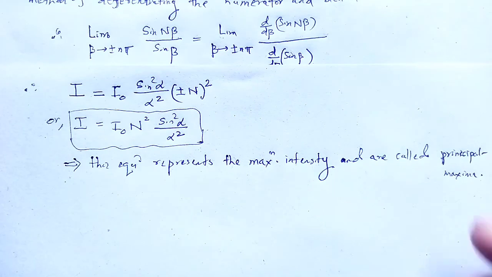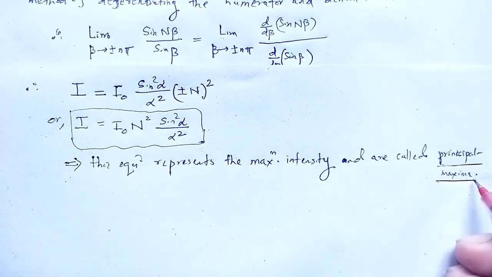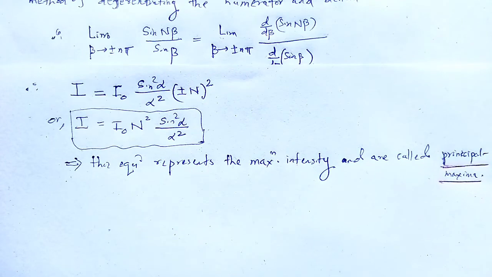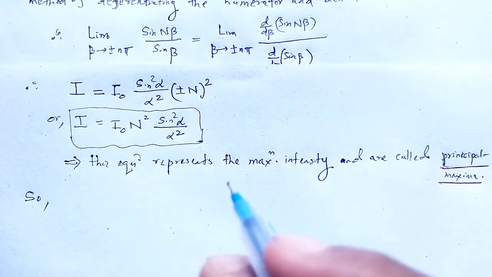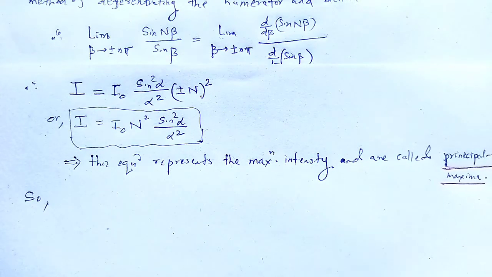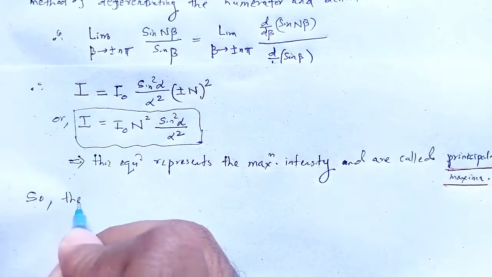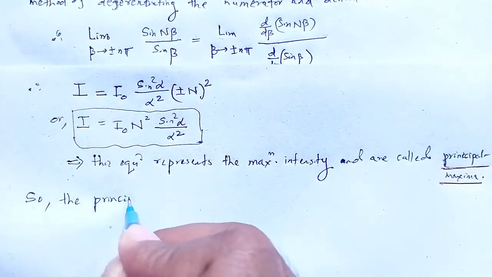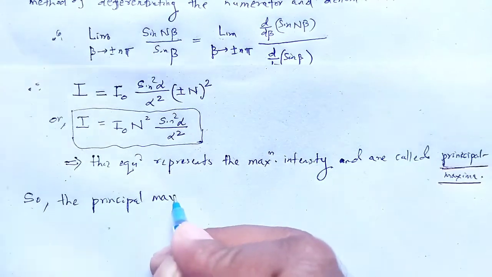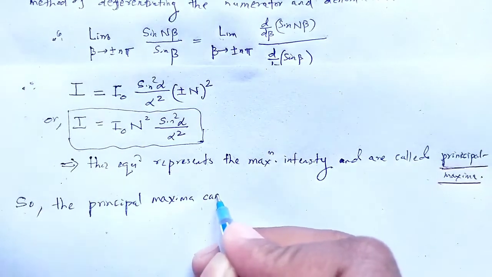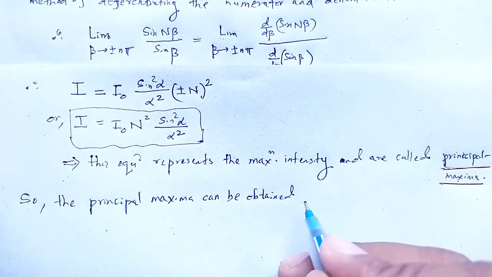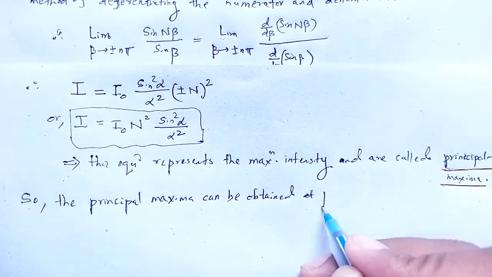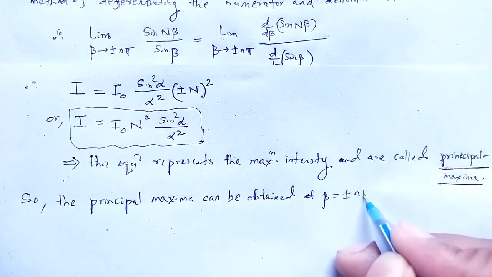The principal maxima can be obtained, as we discussed, at beta is equal to plus minus n pi.